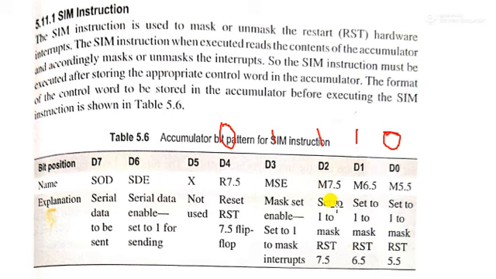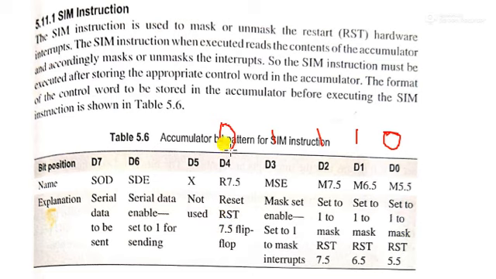The D2 bit is 1, that means RST 7.5 is masked, will not be allowed. And the Mask Set Enable bit is 1, so these 3 bits are activated. Now come to the D4 bit, it is 0. If it is 0, that means it is unmasked for RST 7.5 using the D flip-flop.